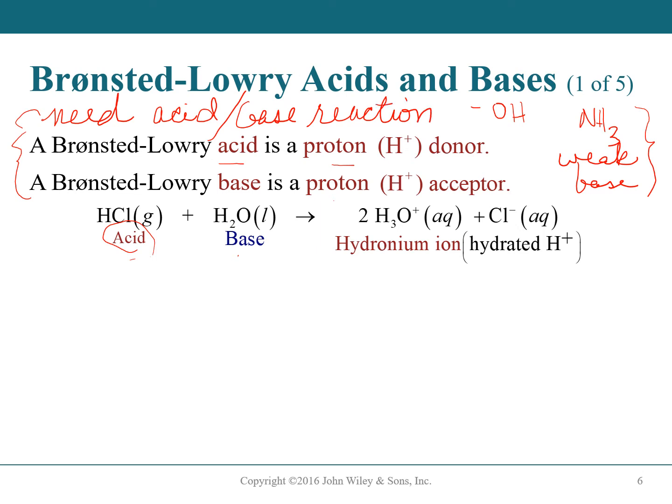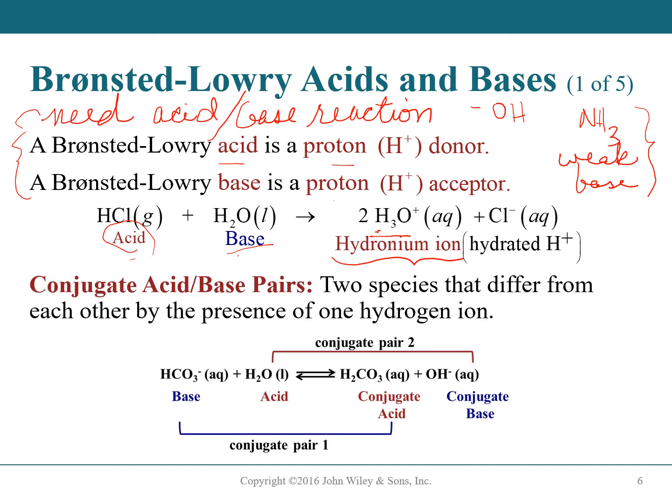In this case, the base is the water. It accepted the proton, the H+, to become the hydronium ion, which is a hydrated H+. Sometimes when we write hydronium, we go back and forth between hydronium or just H+.